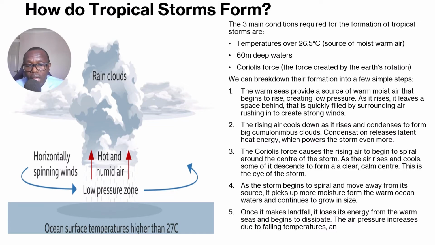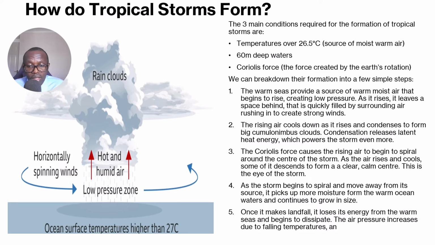Then thirdly, we have the Coriolis force that now comes in as the air continues to rise. It will begin to spiral around the center of the storm due to this Coriolis force. As it rises and cools, some of the air will descend through the middle and form a very clear and calm center.